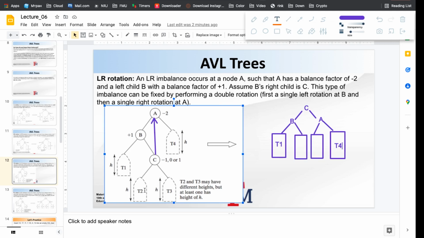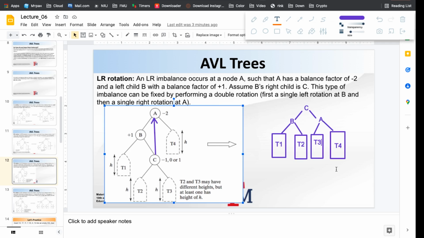T2 has to be on the right from B and on the left from C. So it's this guy over here. T3 has to stay on the right from C and on the left from A. Yeah, perfect. So that's how it works.